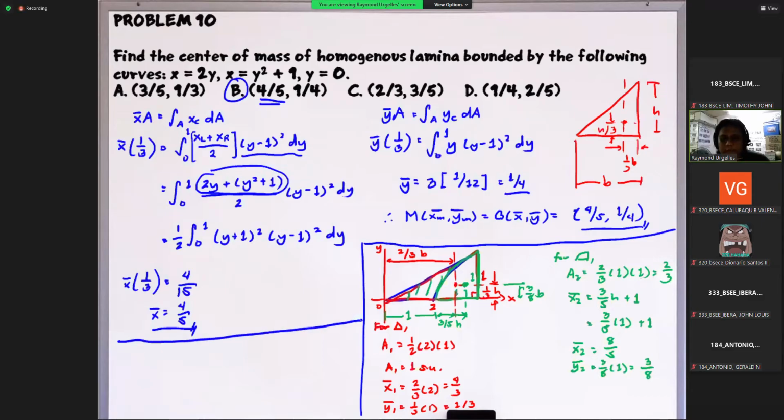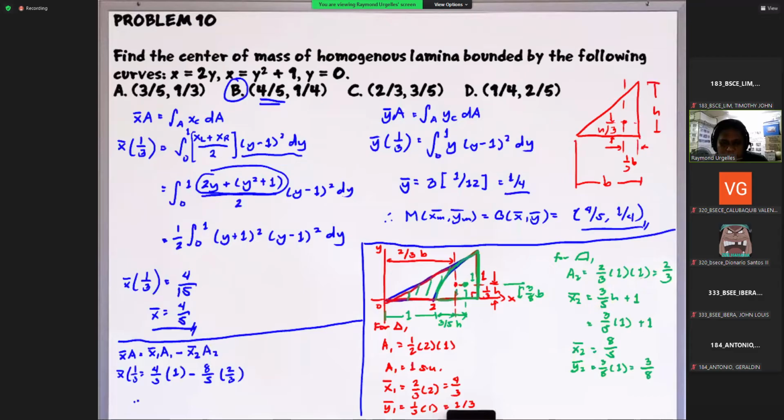So let's start with x bar. x bar times the area is equal to x1 bar times a1. Since it's minus the parabola, we just subtract: x2 bar times a2. x1 bar is 4/3, and the area is 1, minus x2 bar, which is 8/5, times the area of the parabola, which is 2/3. Then this is x bar times 1/3.